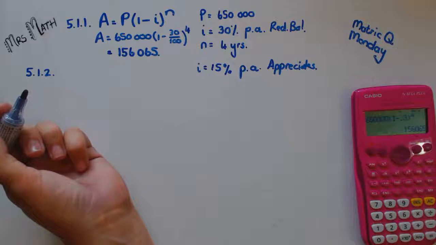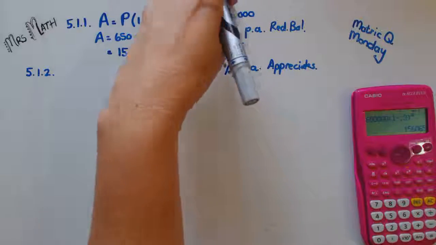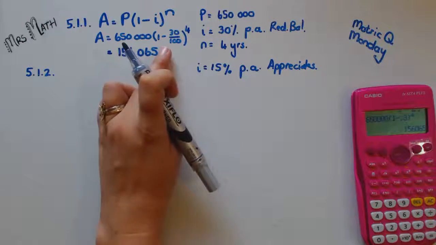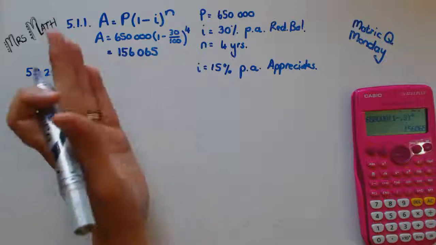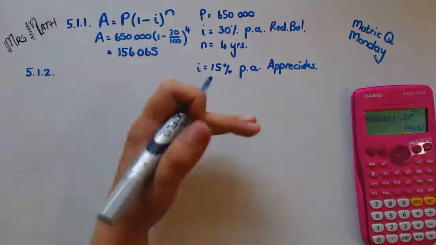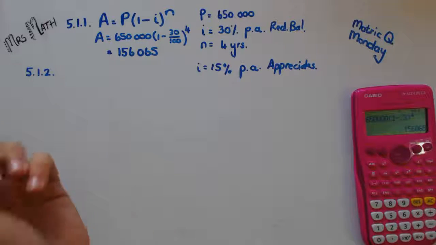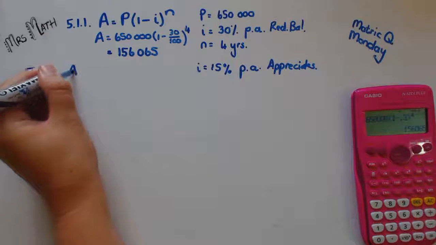Calculate the value of a new truck in 4 years' time. So this is how much the same truck, if I buy it new in 4 years' time with inflation, is going to be worth.